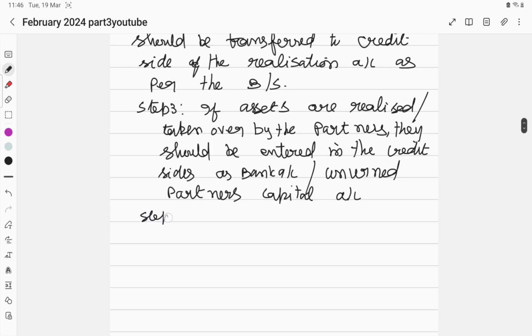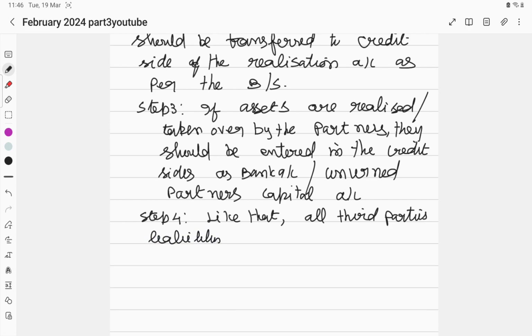Step 4. Like that, all third party liabilities including realization expenses should be settled.